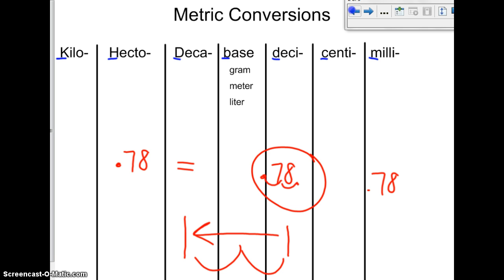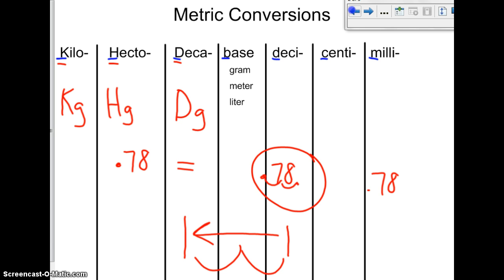Now, the reason why I have these capitalized and the rest lowercase is because of this. When we go to abbreviate, like say kilograms, capital K, little g, hectograms, capital H, little g, decagrams.